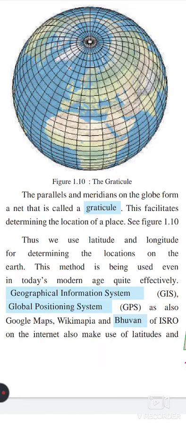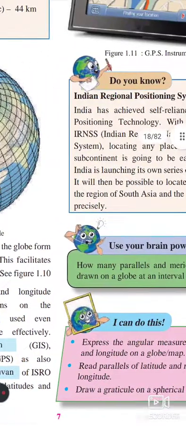Geographical Information System, that is GIS, and Global Positioning System, that is GPS, as also Google Maps and Wikipedia, Bhuvan of ISRO on the internet also make use of latitude and longitude.